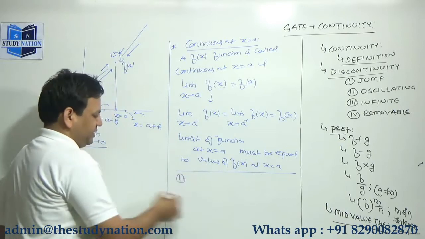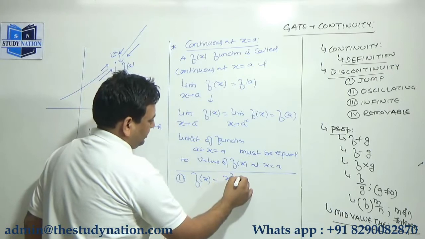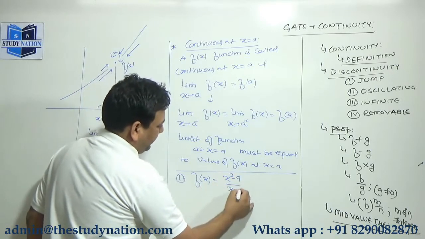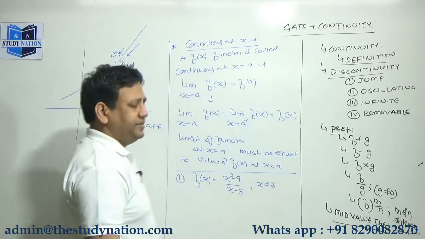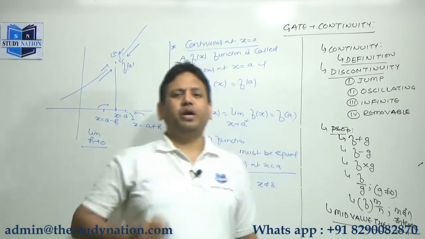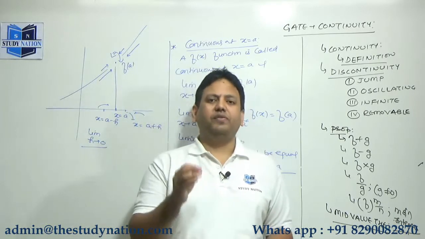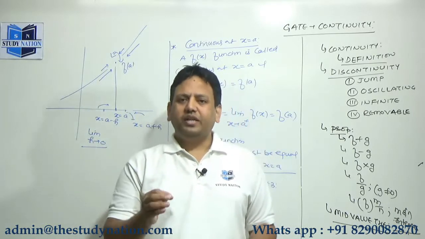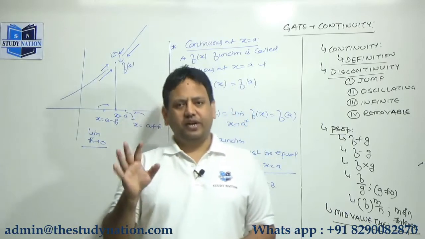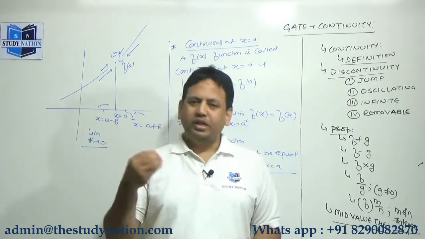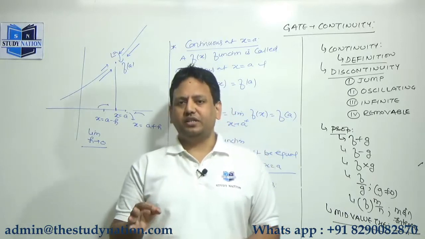So let's see the example. Suppose I say f(x) is equal to (x square minus 9) divided by (x minus 3) if x is not equal to 3. If somebody asks you what is the point where you have to check the continuity, it is the point where the function changes its definition, or where the function is not defined. In the case of the limit, same as I defined; but in the case of continuity you have to check the point where the function changes its definition.